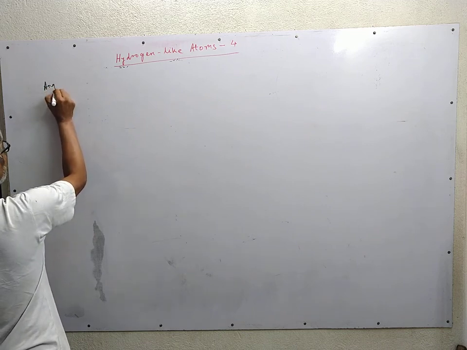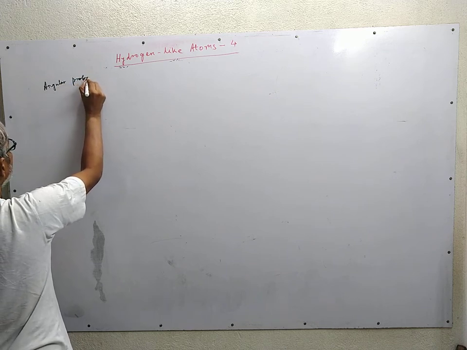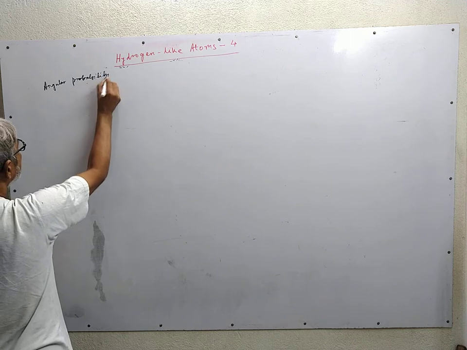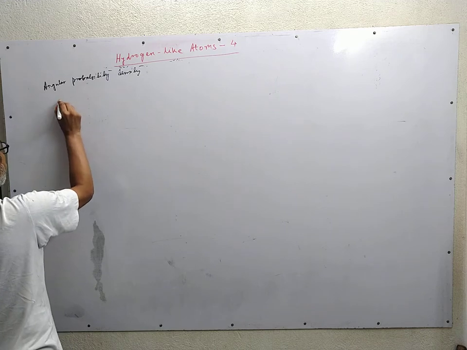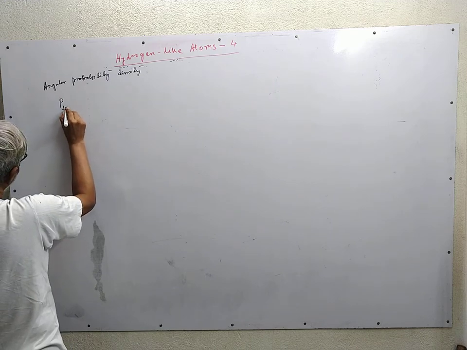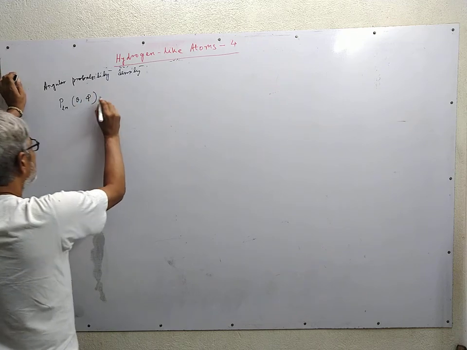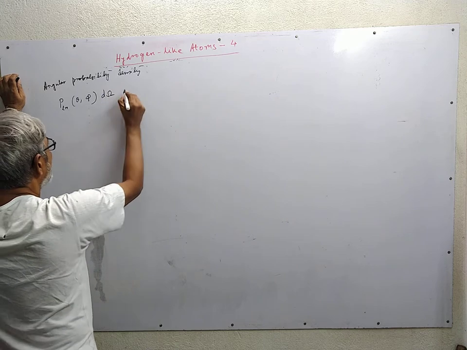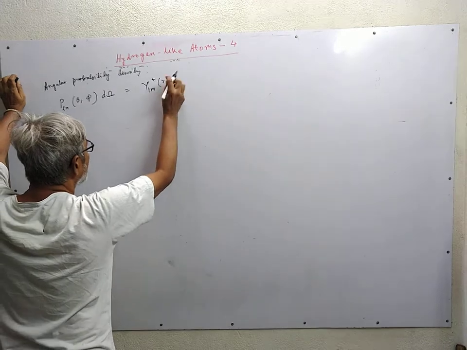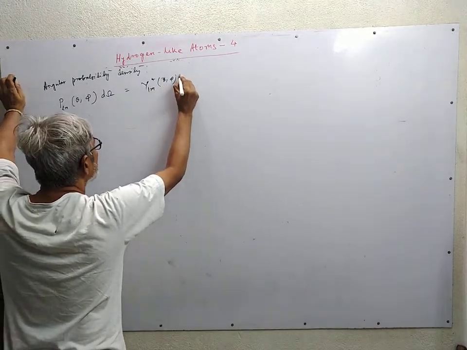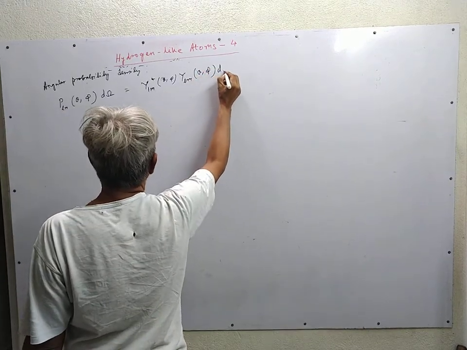The angular probability density P_lm, actually a function of theta and phi, is Y_lm star of theta phi times Y_lm of theta phi d omega.